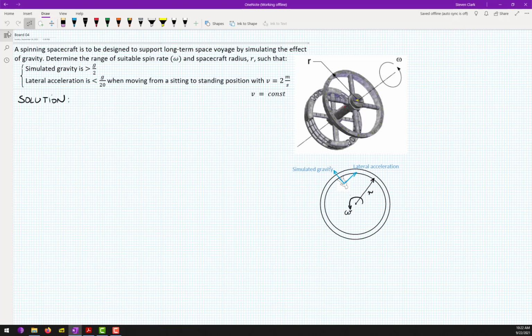Please familiarize yourself with the problem statement before we start our solution. You can also write in here, omega is also constant.